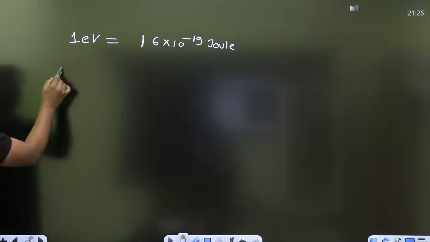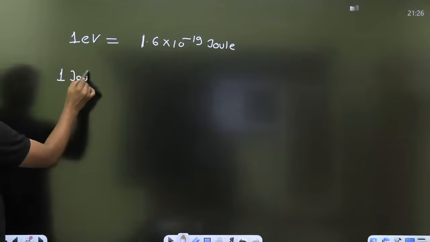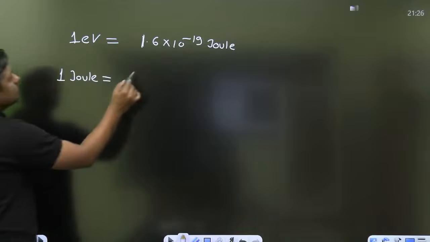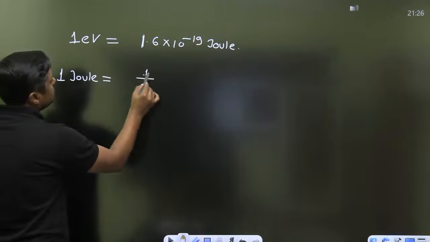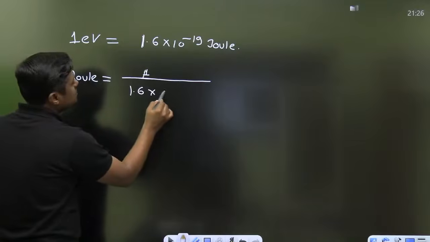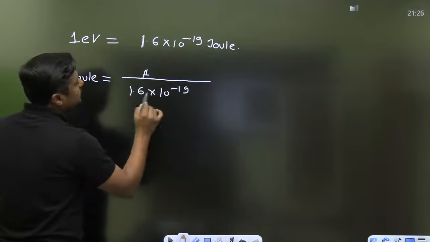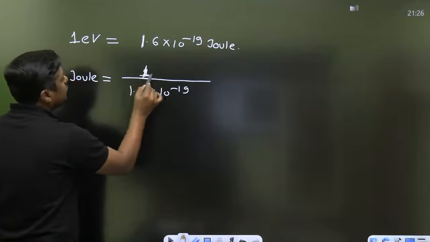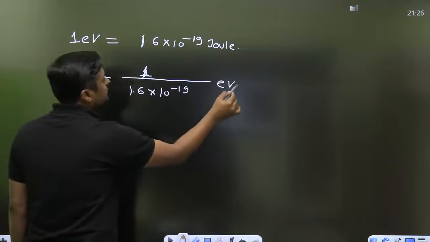So what is the meaning of 1 joule? 1 joule is equal to 1 divided by 1.6 into 10 raised to power minus 19, and that will give you the number of electron volts.